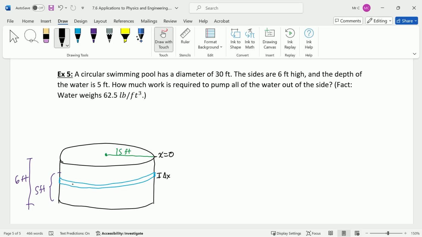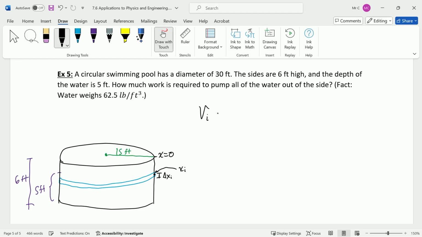So we've got some little one layer of water that's delta x sub i thick. And at some point, we'll call this point in the height of the pool x sub i. And so the first thing we need to know is how much water is in this, let's call it a sliver of the pool.